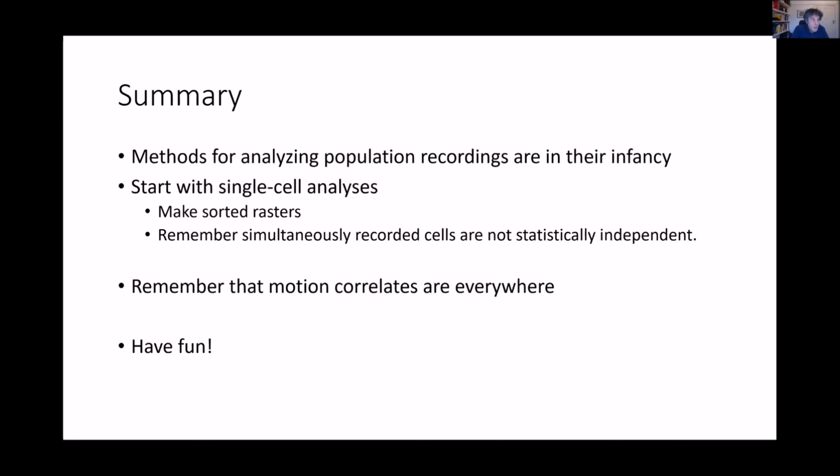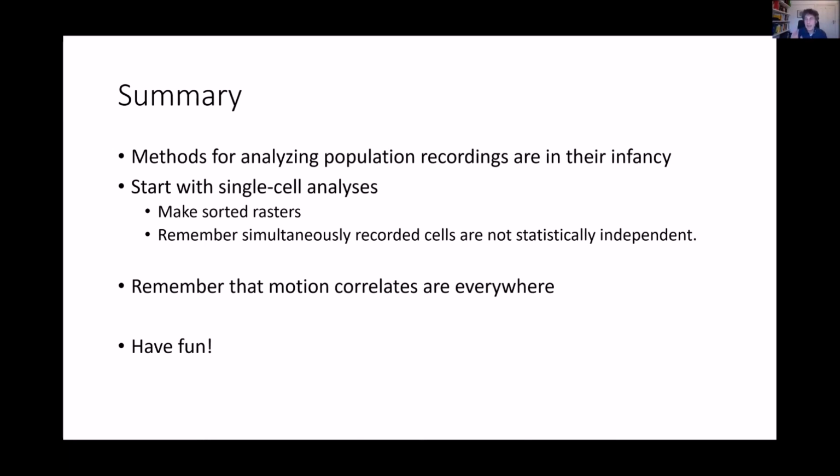But there aren't huge outliers. The time that you go badly wrong using parametric statistics is when your data has massive outliers. That'll completely ruin everything. Spikes aren't like that. If anything, they're sub-Gaussian rather than super-Gaussian. So I think ANOVAs are not too bad in terms of doing these sort of statistics.